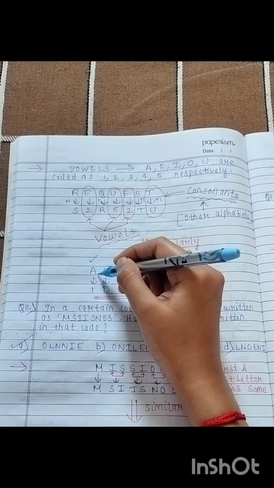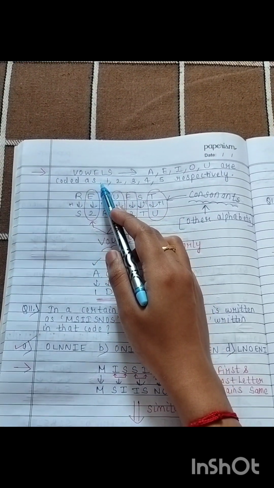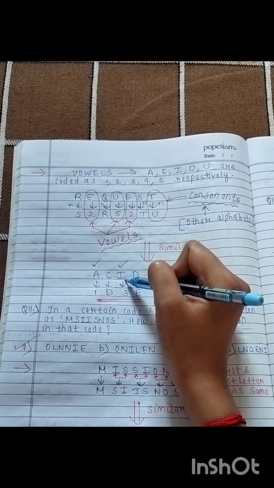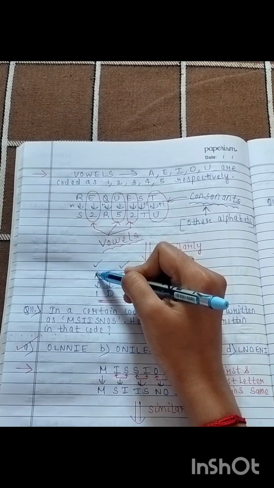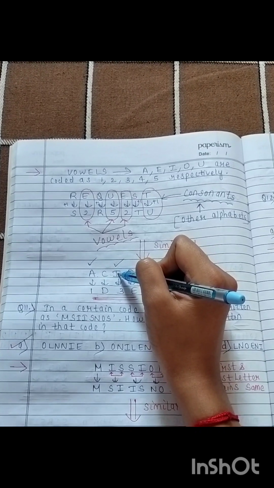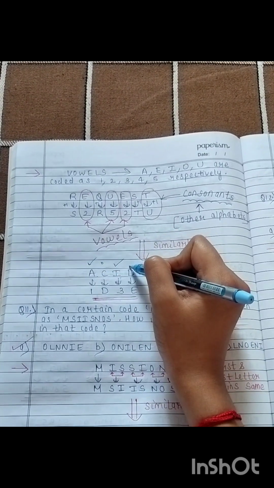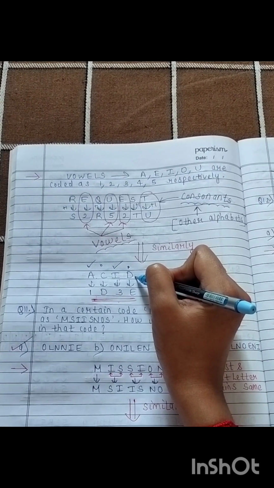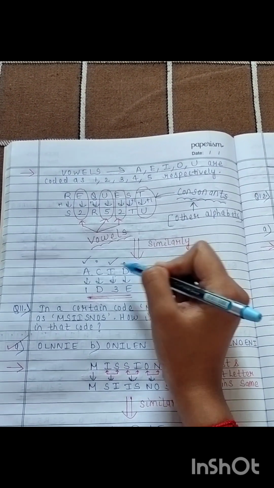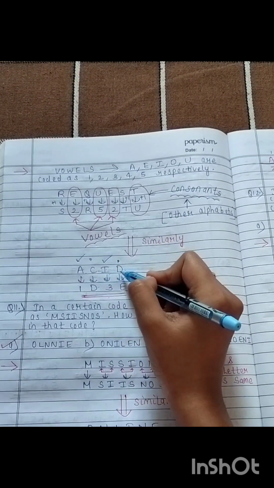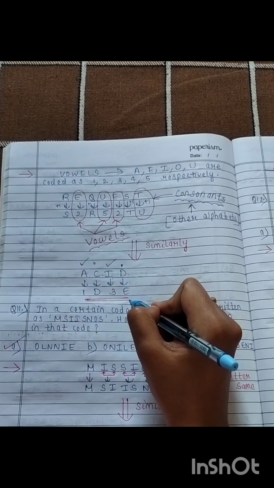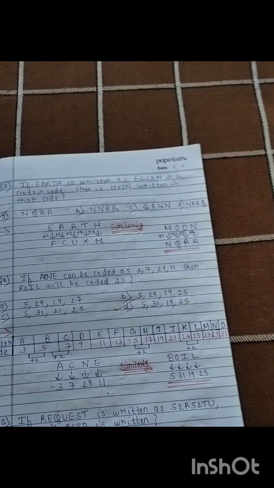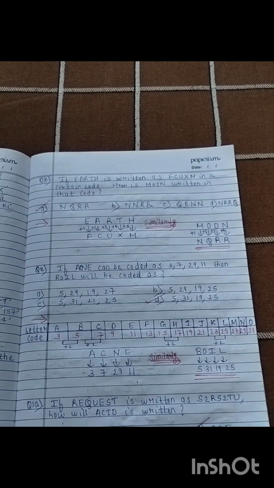What is the code for A? A is 1. What is the code for I? It will be 3. So the vowel part is done, 1 and 3. Now what consonants are left? C and D. For consonants you have to add plus 1, correct? So C plus 1 will be D, D plus 1 will be E. So the correct option is 1D3E.